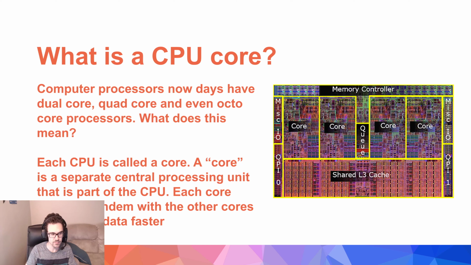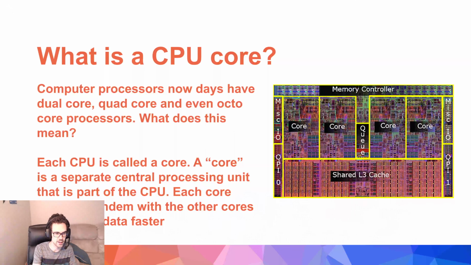Okay. Nowadays, I think it's pretty standard to have, at least in the nice computers, 8 cores. If you have a gaming computer or something, maybe 12 cores. So 12, 16 cores is pretty typical if you have a gaming machine. The other thing that you can see on this diagram here, which is a little bit unique, is it says shared L3 cache. And I don't know if it's on the next slide or not.